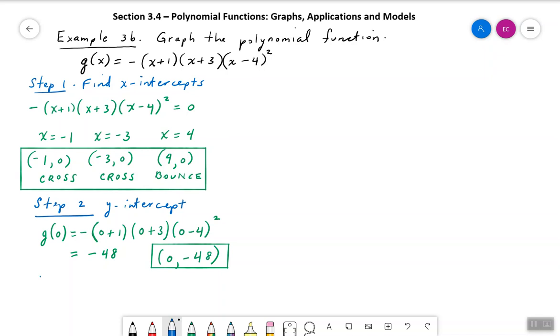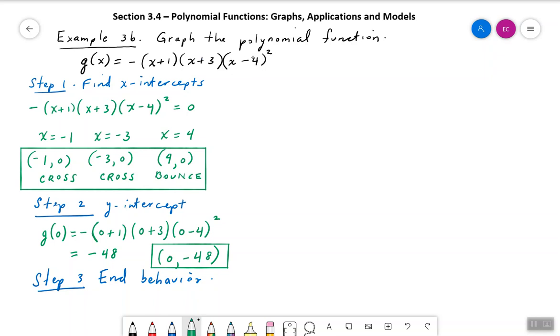Okay, step 3 is the end behavior. And we need to look at the leading term. Well, we don't see the leading term straight away because we have this factored form.